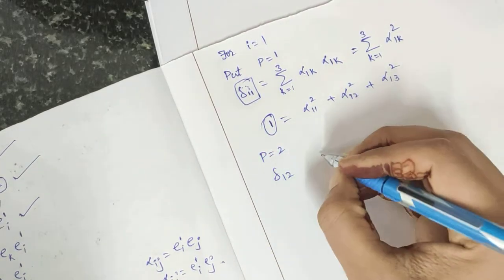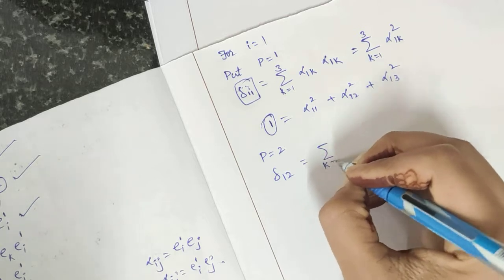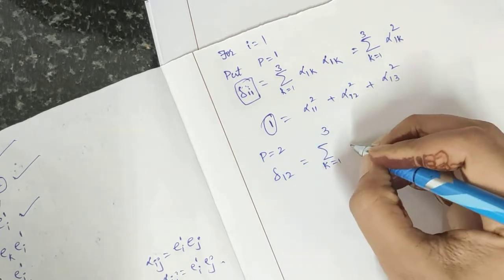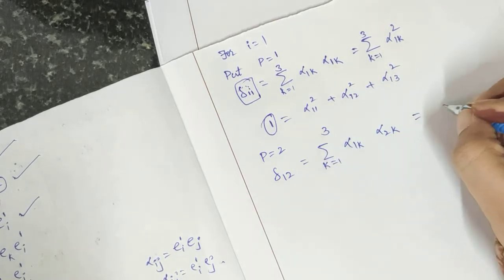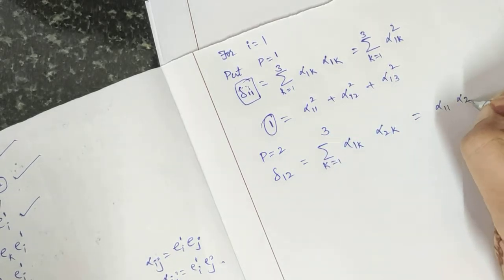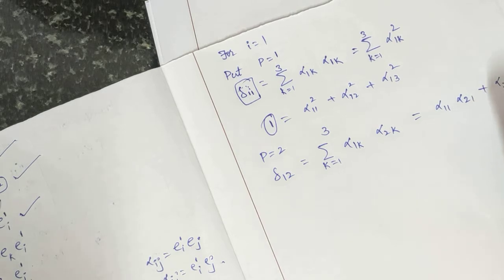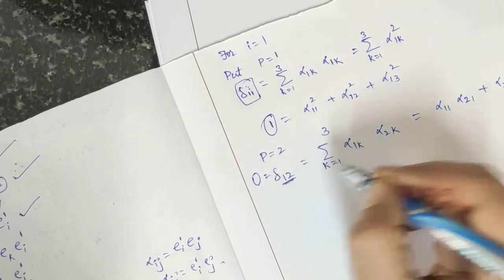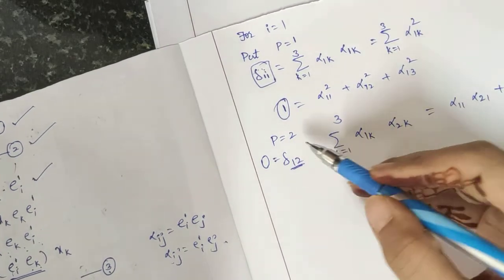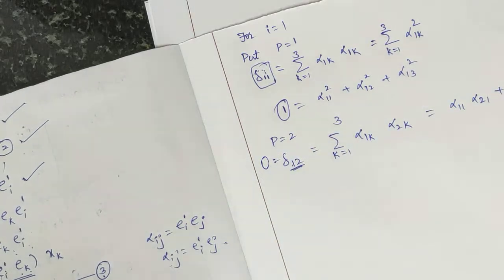You will be getting delta 1 2 is equal to summation k is equal to 1 to 3 alpha 1k alpha 2k. Expand this summation, you will get alpha 1 1 alpha 2 1 plus alpha 1 2 alpha 2 2 plus alpha 1 3 alpha 2 3. This is equal to 0 because delta 1 2 has different suffix values.